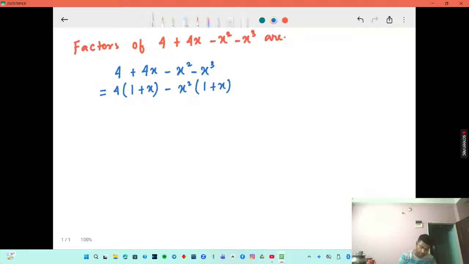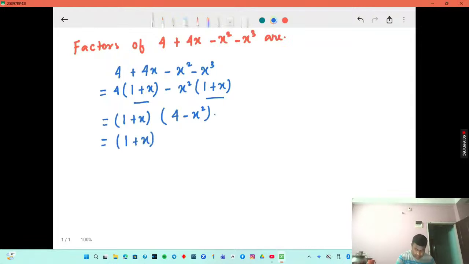Now you can see the common part is 1 plus x. So now what we can do, we can write 1 plus x and 4 minus x square. Do you know the formula of a square minus b square?